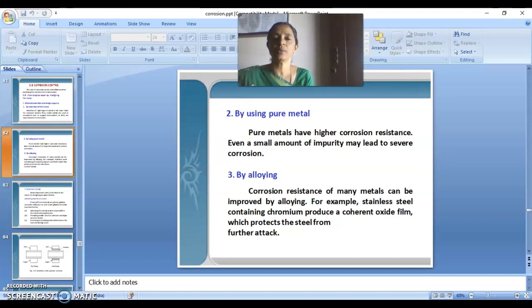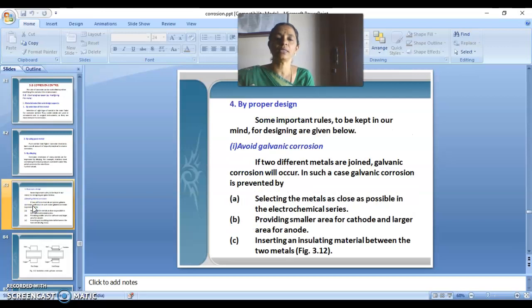Usually pure metals do not undergo corrosion. Then by alloying techniques. Alloying means a combination of a metal and a non-metal, or a combination of two metals. If we mix two metals, or if we mix a metal and a non-metal, the corrosion property can be protected. It is not undergoing corrosion.